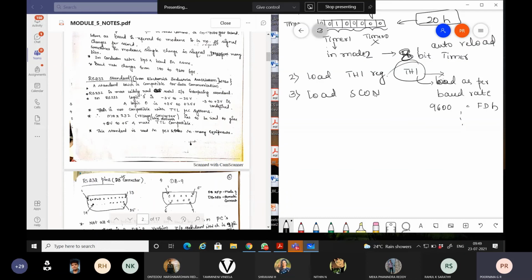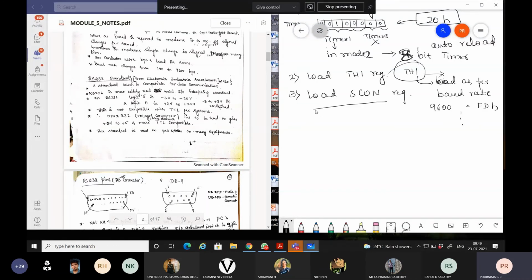Based on the mode in which you need to operate serial communication, you go for the SCON value. Because the 8051 supports IBM PCs, what should be loaded?